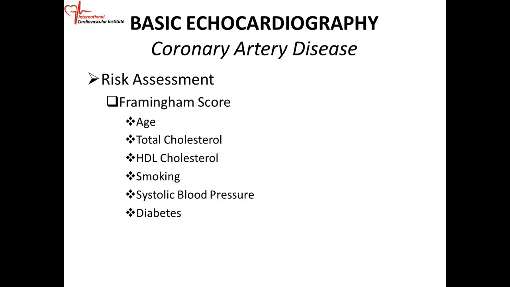So how do you risk assess someone with coronary artery disease? When we say risk assessment, someone has a blockage, you need to tell them, well, your chance of getting a heart attack in 5 years is X, or your chance of getting a heart attack in 10 years is X. So you can risk assess the patients when you see them.